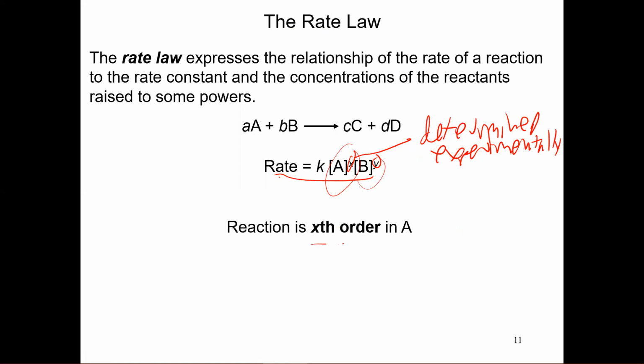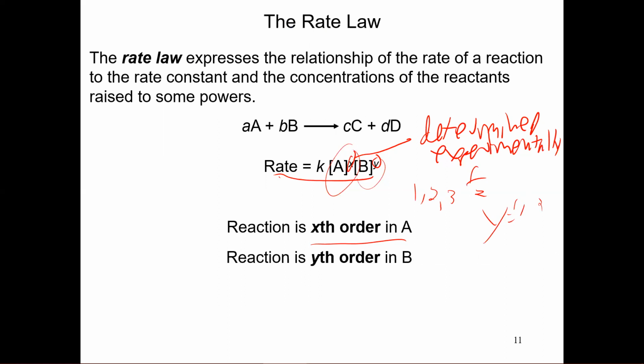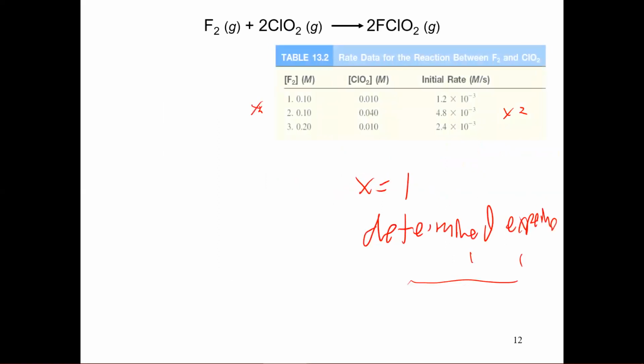So the reaction is X order in A. For example, it could be 1, 2, 3, it could even be 1/2 in some cases. And Y can also be the same thing, 1, 2, 3, etc. And it's Y order in B. Now the overall reaction order is X plus Y when you have that relationship.